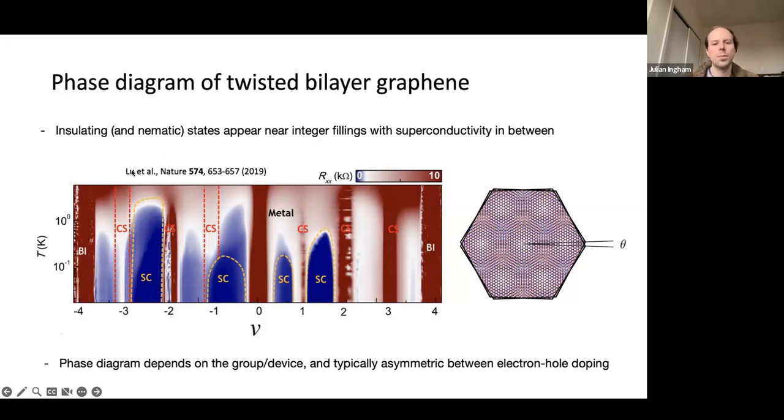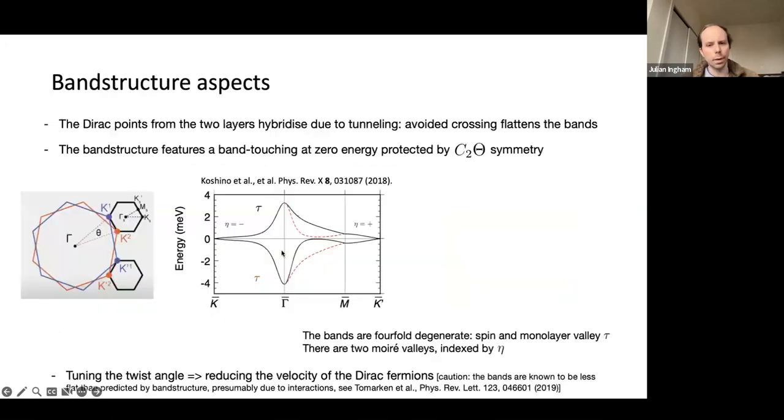So in this diagram, we have a superconducting dome between 0 and 1, between 1 and 2, 0 and -1, etc. And additionally, everyone tends to see that this phase diagram is asymmetric between electron and hole doping. So on the right, we don't have a superconductor between 2 and 3, but we do between -2 and -3, and the critical temperatures on either side are clearly different.